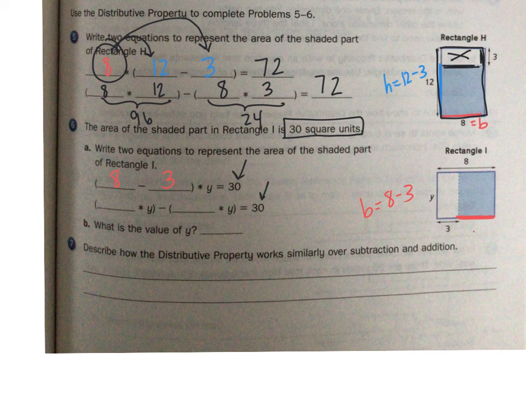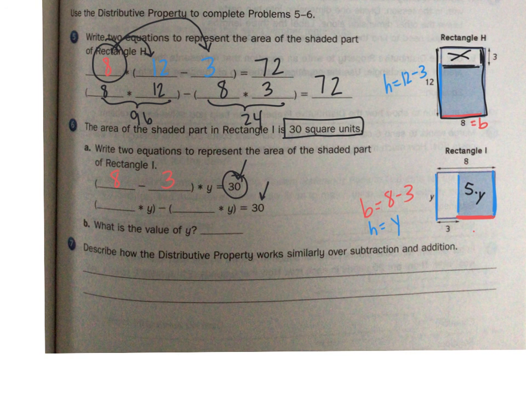My height is right here or right here, which we don't have a measurement, but I can look over here and see that it is y. So my height is y. So essentially what I'm doing is I'm taking my 8 minus 3, which is 5, times y. So 5 times y is what's going to give me my area of 30.